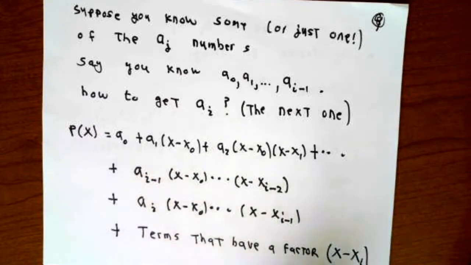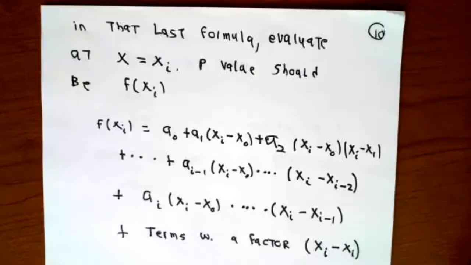That's the last term whose coefficient I actually know in this scenario. The next one will be a_i times the product of x minus data x values with indexes that go from 0 to i minus 1. All terms after this are going to consist of a constant times a product of many factors, each one of which is going to have x minus xi in it.